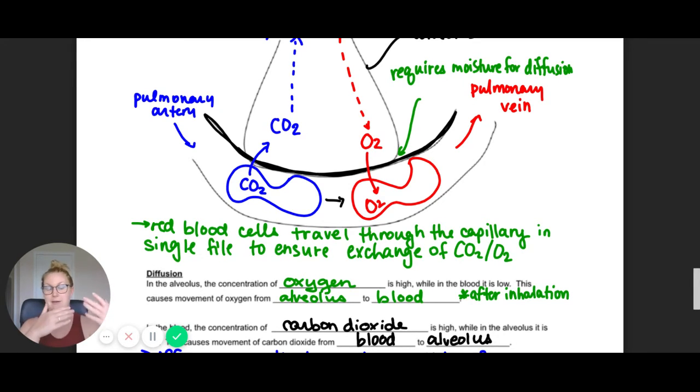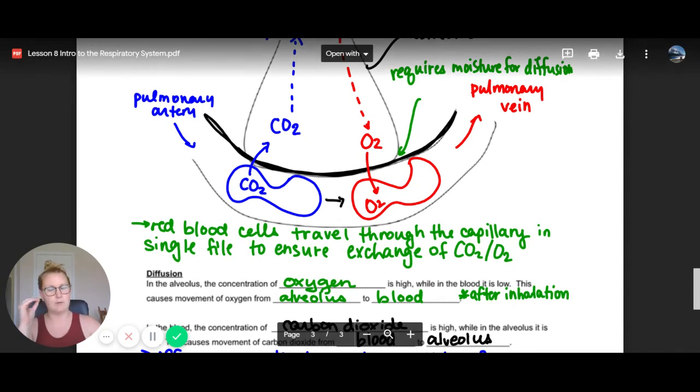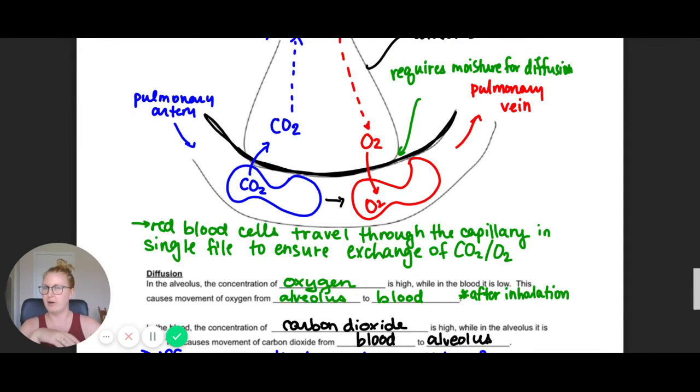That would be an extremely inefficient system. They'd be missing their opportunity and they wouldn't have another opportunity until they went all the way back around the whole body and then got back here. So it's really important that these are very small and have a very high surface area to volume ratio. That is what lets diffusion happen.